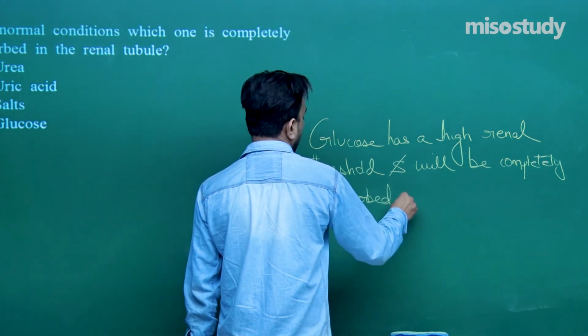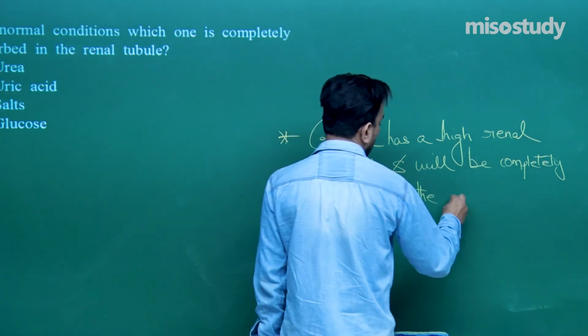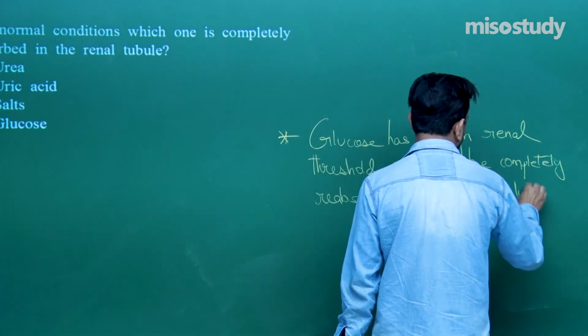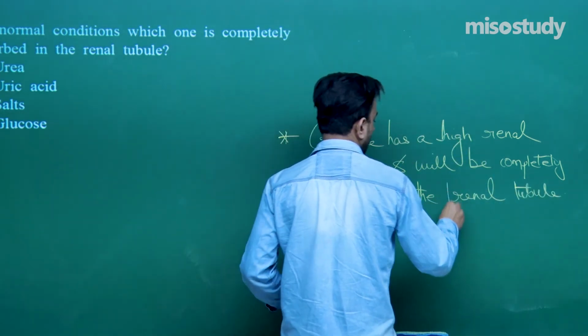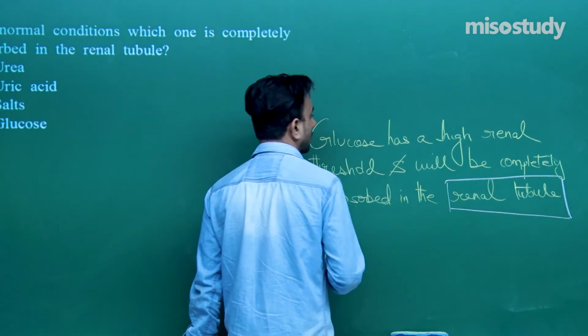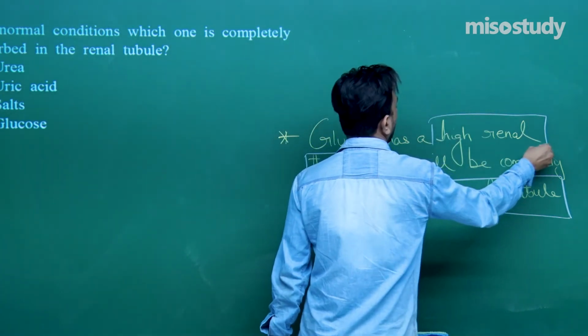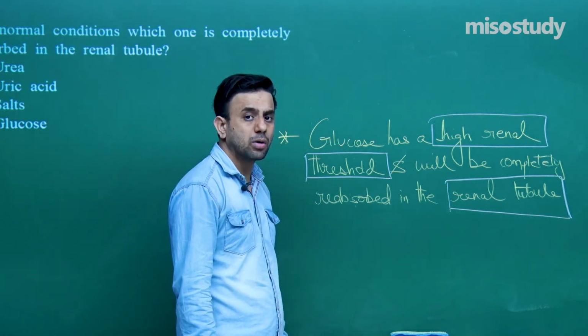So glucose has a high renal threshold and will be completely reabsorbed in the renal tubule.